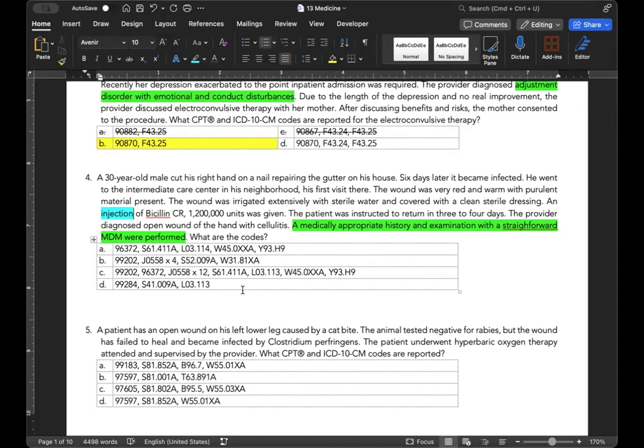So let's do this one from a coding from scratch standpoint from a medicine perspective. Okay. So in the alphabetic index in your CPT manual, the alphabetic index, we're going to look up administration.